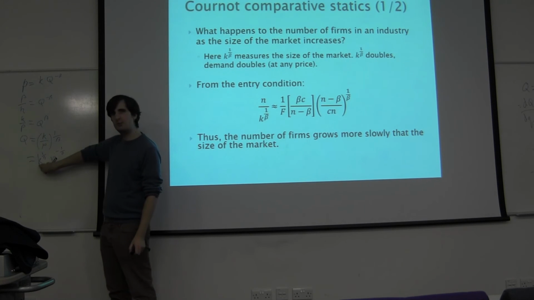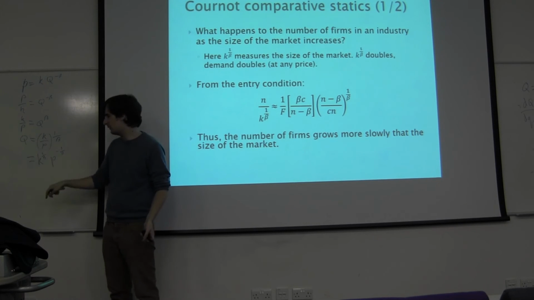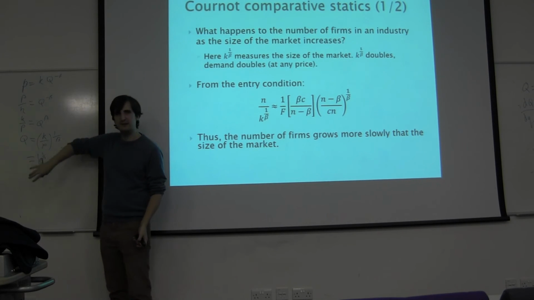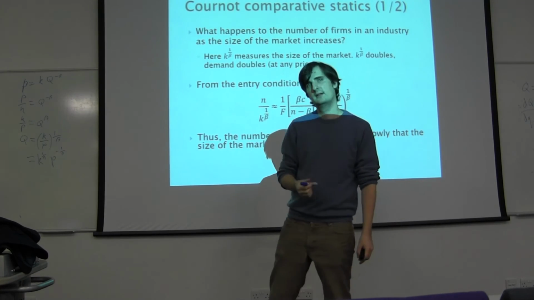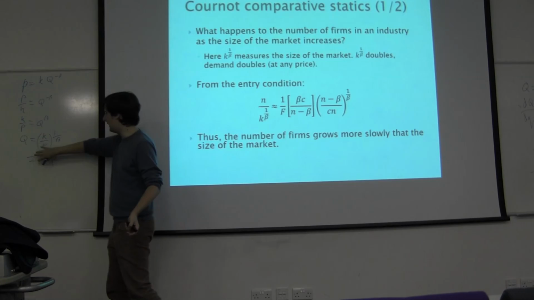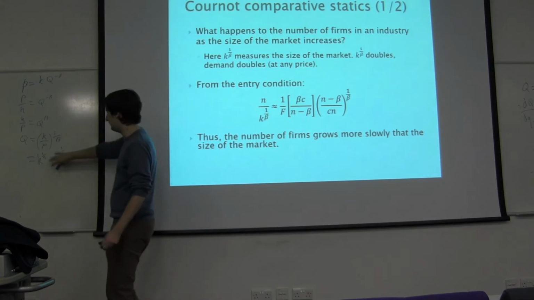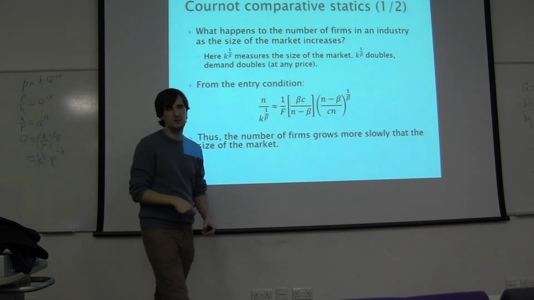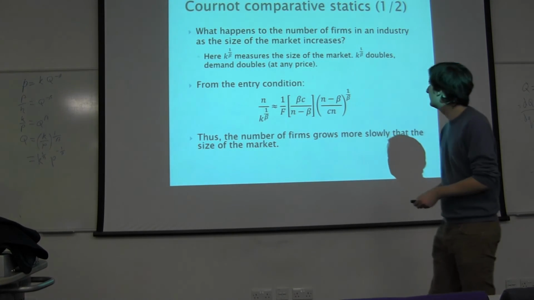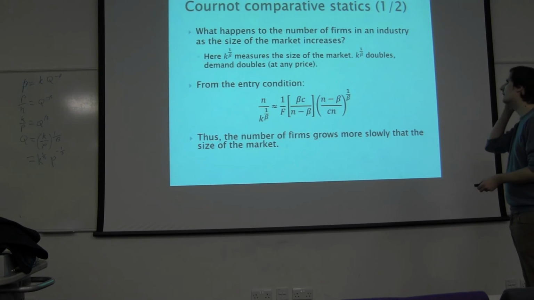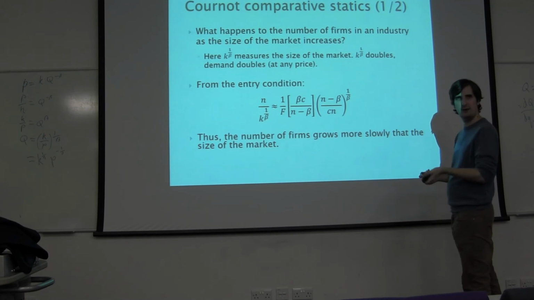Because if you double this, you double quantity at any price. Okay, so this thing, K to the 1 over beta, this is kind of scaling the whole size of the market. So, maybe this is like population or something. If you double population, you would expect this thing to double. You would expect demand to be twice as high at any price. Okay, so if K to the power of 1 over beta doubles, then demand doubles at any price.